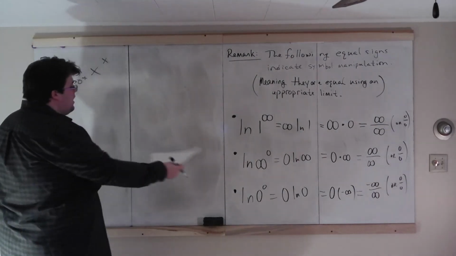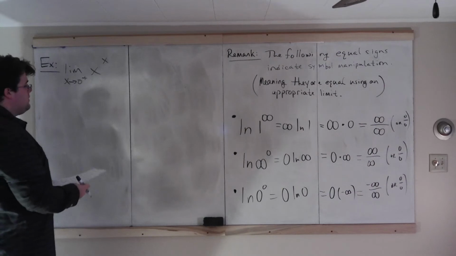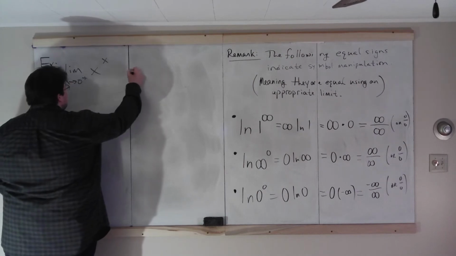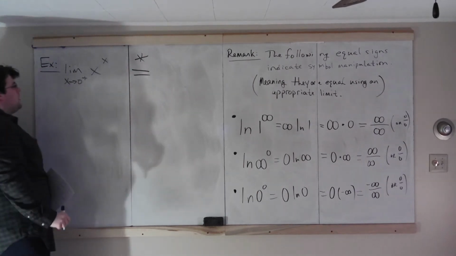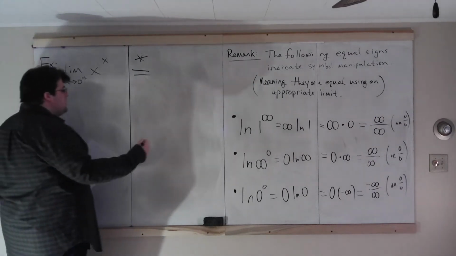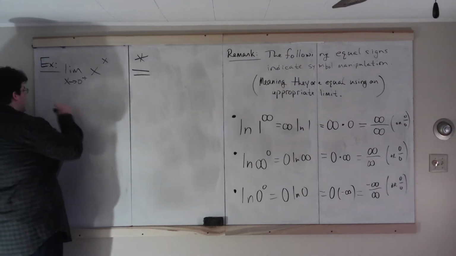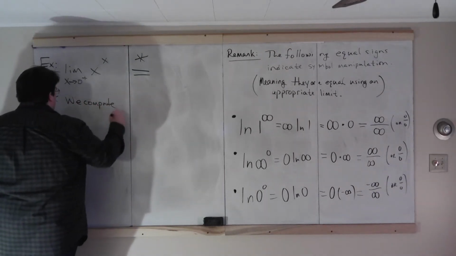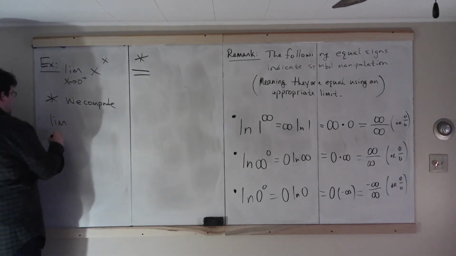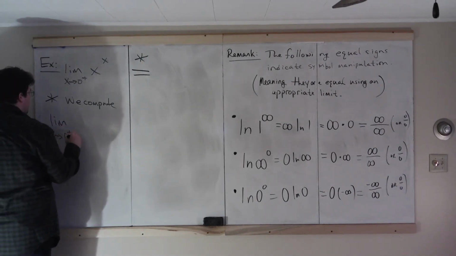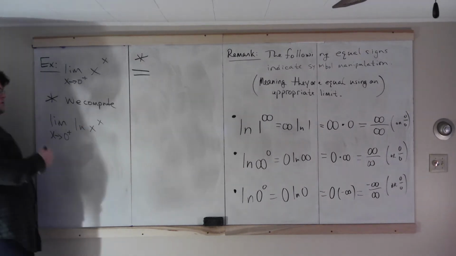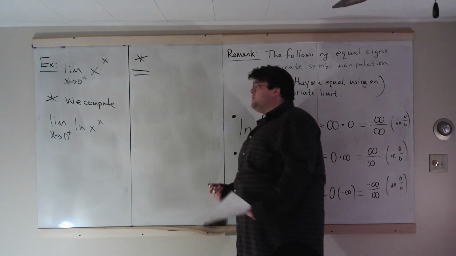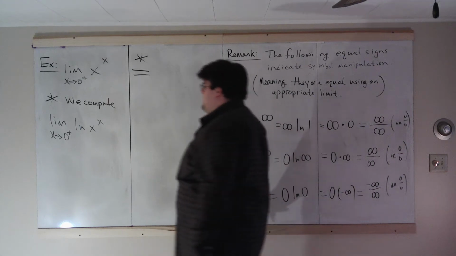But notice, if we throw a logarithm on that, that is a new function. Well, a new limit that we're taking. So I'm going to write up here equals with a star. And the star is going to be the side work with the logarithm on it. So star, we compute. What are we computing? We're computing this limit. Limit as x goes to 0 from the right of log x to the x. A new function, but one we can take the limit of, and then we can get rid of the logarithm by taking an exponential. And we'll see that in a moment.